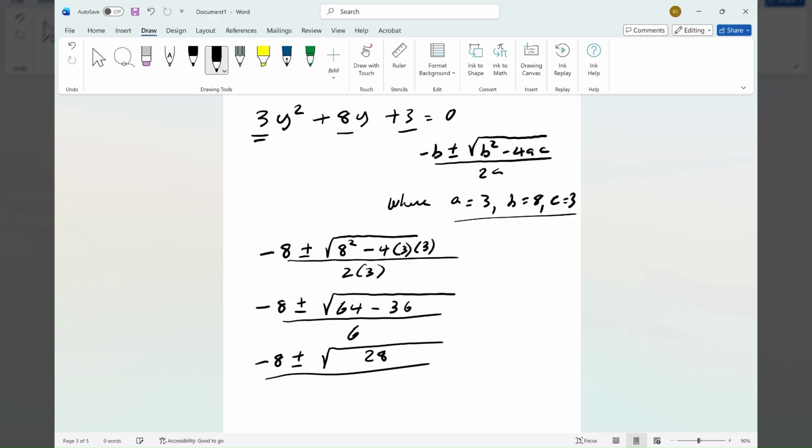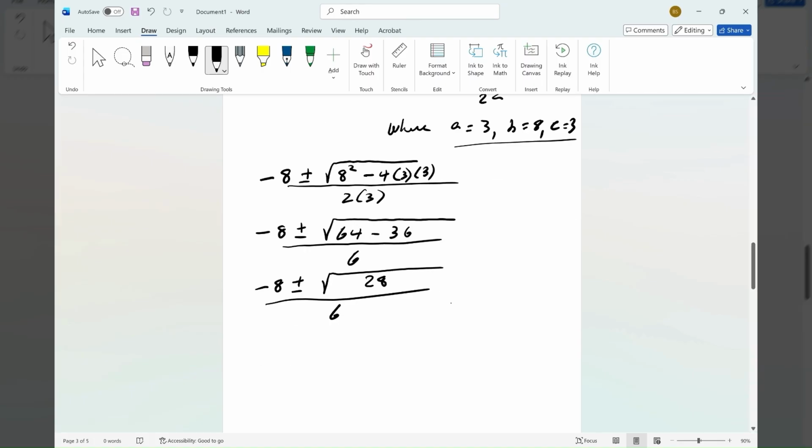Divided by 6. The square root of 28 is equal to the square root of 7 times the square root of 4, where the square root of 4 is equal to 2. We are now left with negative 8 plus or minus 2 square root of 7, divided by 6.